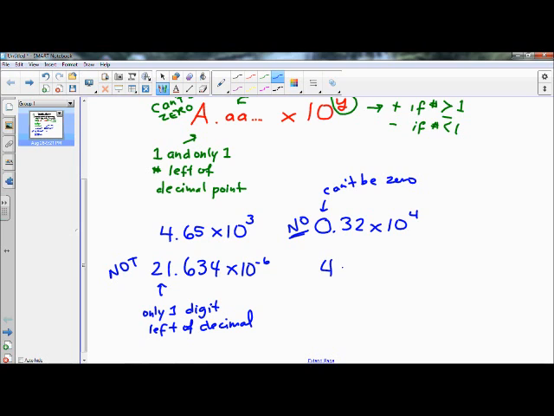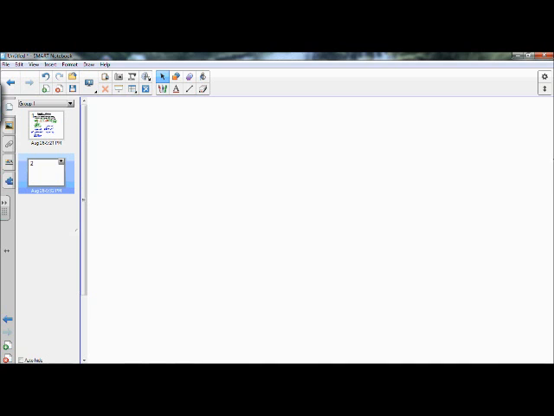So this is also okay. There's no decimal point, but there's nothing wrong with that. Okay, now let's look at putting a number into scientific notation.